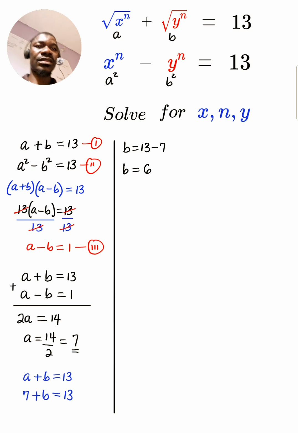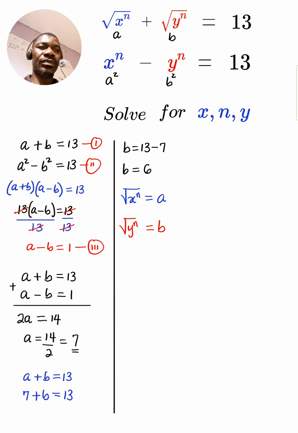Now take note that where we are actually headed is to solve for x, n, and y. So let us recall that the square root of x raised to n equals a, and the square root of y raised to n equals b.